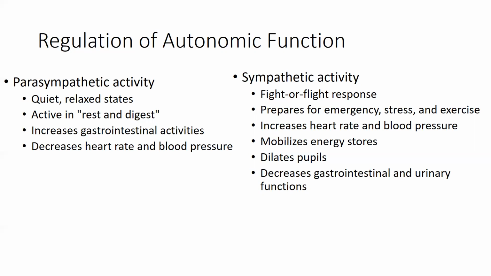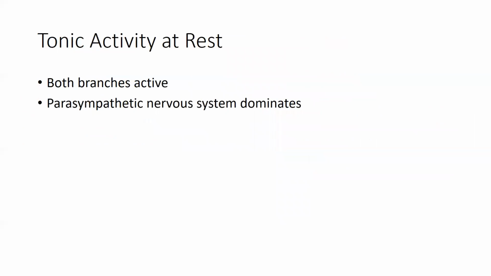And then lastly, this will decrease gastrointestinal juices and then urinary function. If you've ever been frightened or startled and you had to use the bathroom before that, sometimes that just goes away. Depending on how full the bladder is, sometimes you can probably urinate on yourself if you lose that urinary control. Okay, so these are some of the functions that are brought about by the sympathetic nervous system.